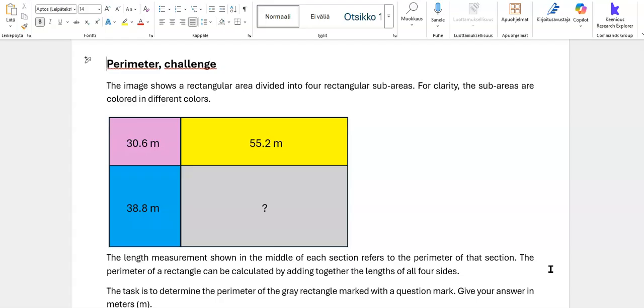Not exactly this problem, but this is almost the same as these area problems I showed you earlier. But this is a problem where those numbers in the picture are perimeters of those rectangles, not areas. And if you like to solve these kinds of challenges, you may solve them. You may find this same challenge in the chat box of this Teams meeting.